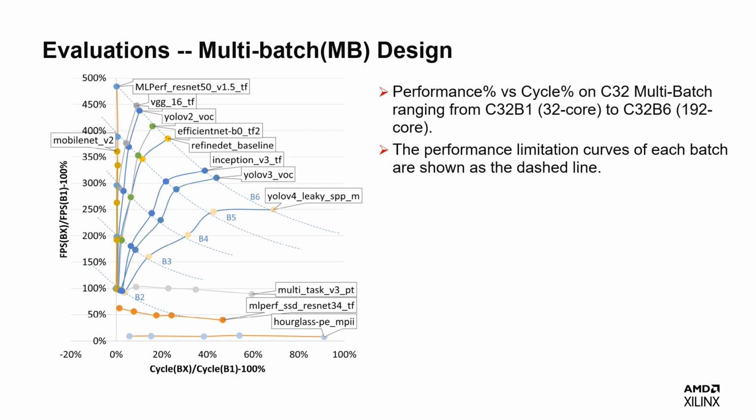Many models like YOLOv3 that couldn't achieve FMS will have to run with more cycles at larger batch sizes, which is limited by the DDR I/O bandwidth. Then their performance drops along the limitation curve shown as a dashed line. Besides, there are some models that didn't reach the limitation curve, like MobileNet, where the CPU processing pre- and post-processing is a bottleneck.